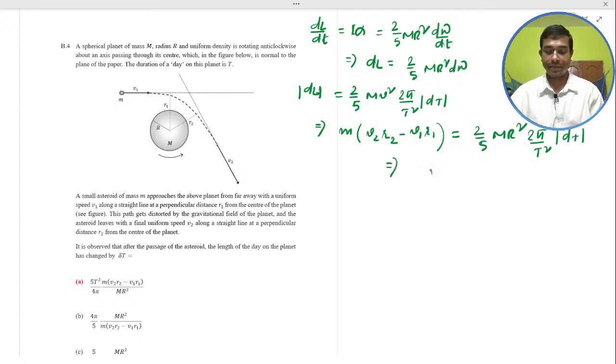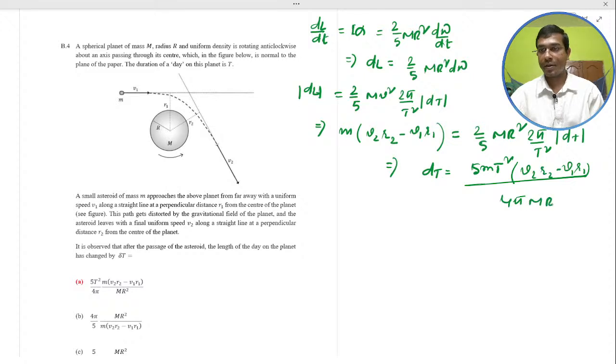That means dt, or delta t, would become 5 m t square within bracket (v2 r2 minus v1 r1) divided by 4 pi m r square. Option A will be the correct.